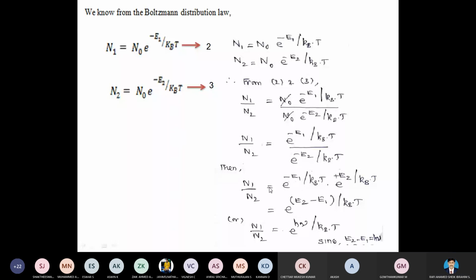Here the exponential e is common, so we can combine these two and make it simple. Therefore N1 by N2 is equal to e power positive term first, E2, then minus term.